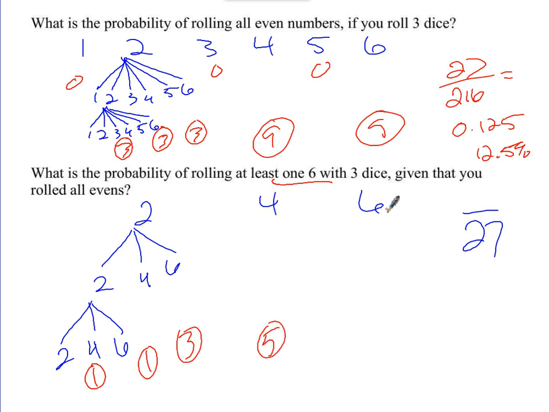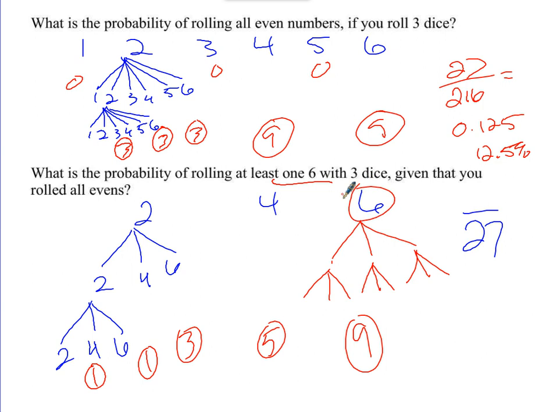Now, how many wins do I have for 6? 9 total wins, because every single one of these is already a winner since I already rolled my 6. So this whole side of the tree, all of those are winners. There are 9 outcomes here: 1, 2, 3, 4, 5, 6, 7, 8, 9. And every single one of them is a winner because I already rolled a 6.